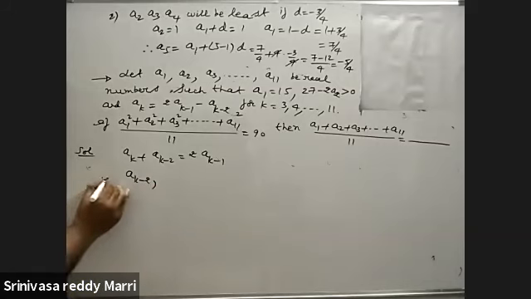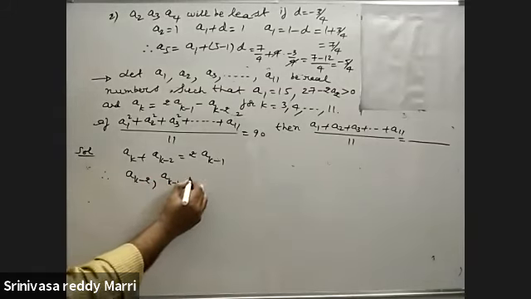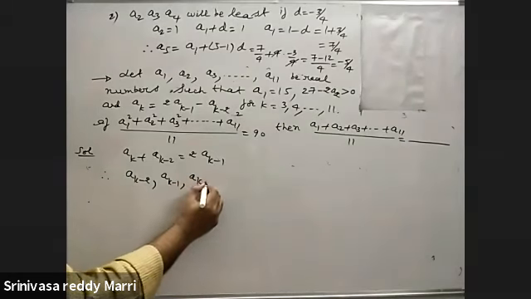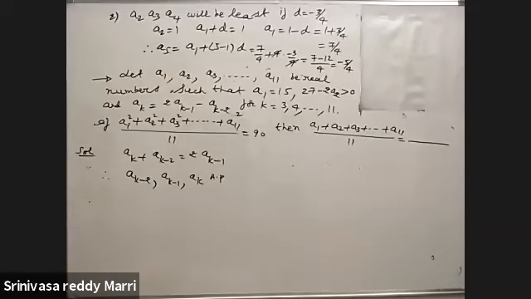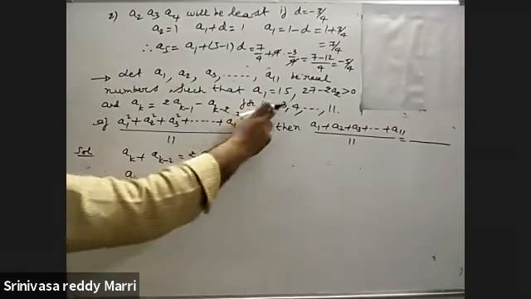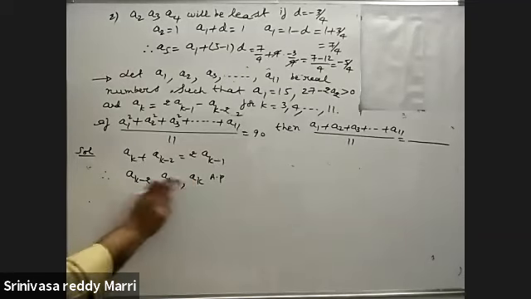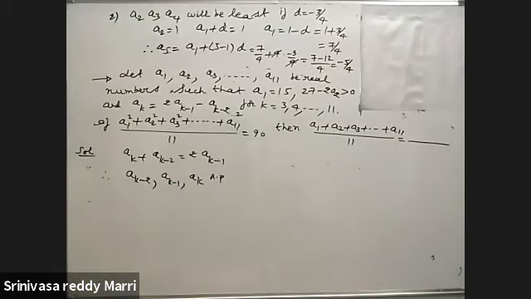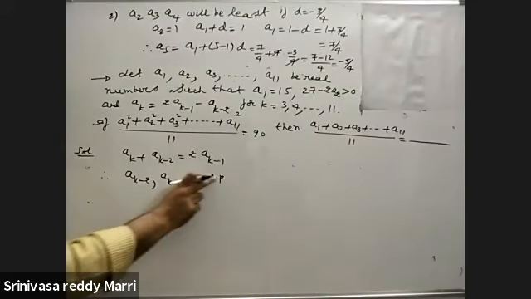a_(k-2). Therefore, we can conclude that a_k, a_(k-1), a_(k-2) are in AP. That means if you substitute k equal to 3, a1, a2, a3 are in AP. If you substitute k equal to 4, a2, a3, a4 are in AP.